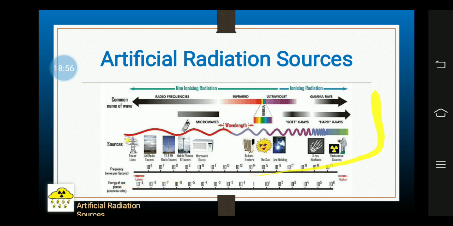If you still remember, this is an illustration of the, what do you call again? Very good. This is the electromagnetic spectrum. And if you still remember, there are three important parameters of the electromagnetic spectrum. Very good. So we have frequency, energy, and of course, the wavelength.